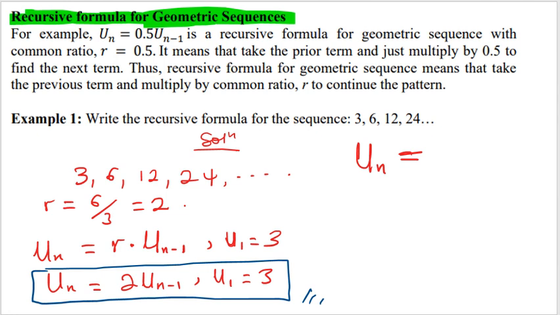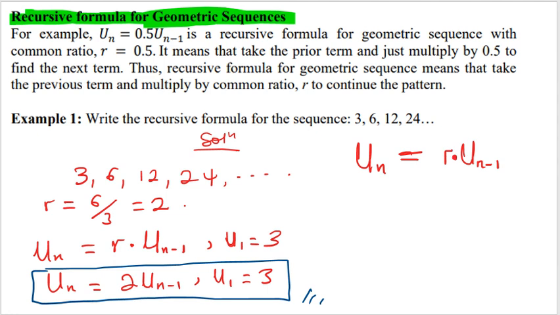We still need the preceding term, which is called Un minus 1. But this time we don't add a common difference. What we do is multiply the preceding term by a common ratio.